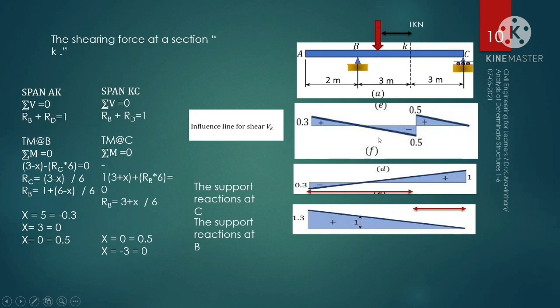Okay. If I change that, the diagram looks like this. The remaining portion you can take the support reaction at B. So this is the portion of support reaction at D. So you can take as it is. So the diagram looks like this. This is the shear force.